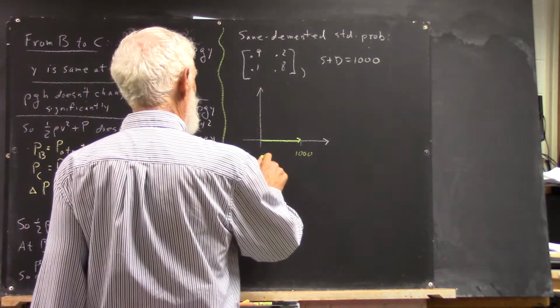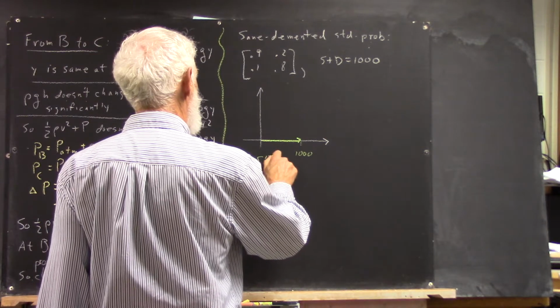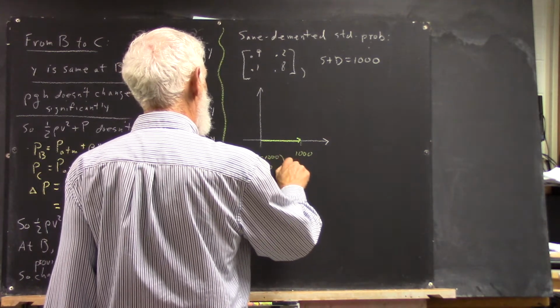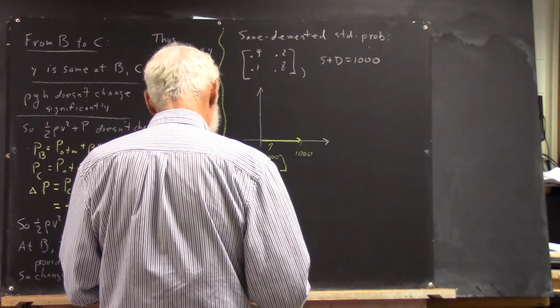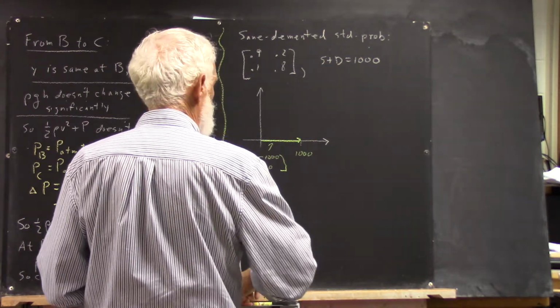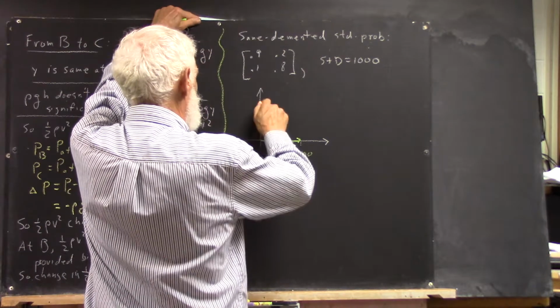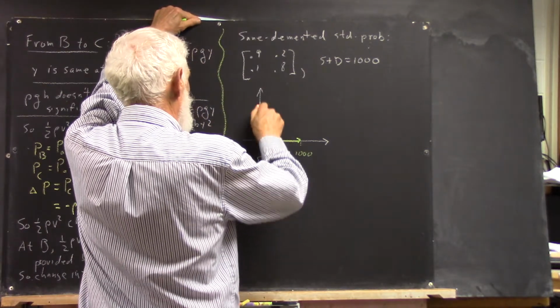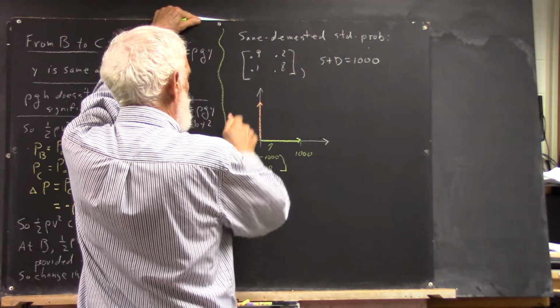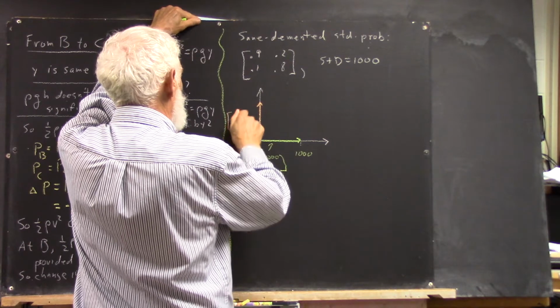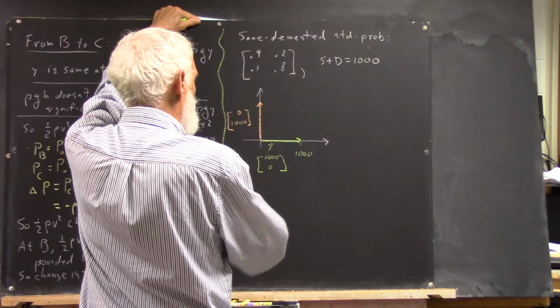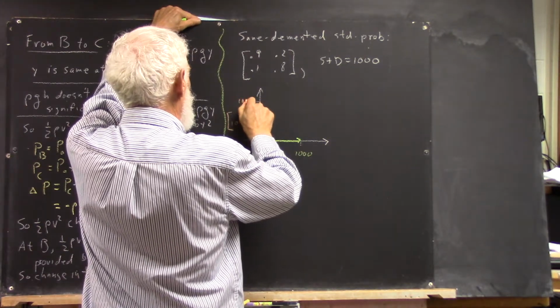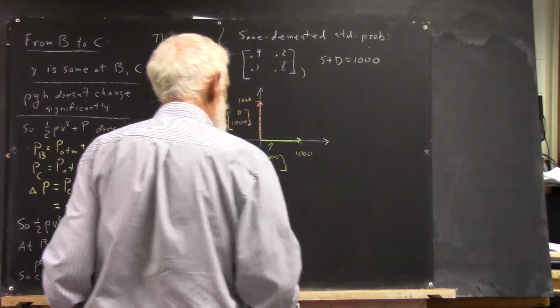So that vector is the vector (1000). Or you could start with the population vector here. And of course that vector is (0, 1000), and you have 1000 here. Okay?